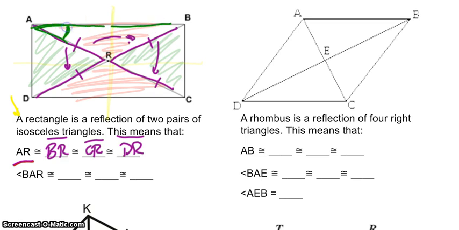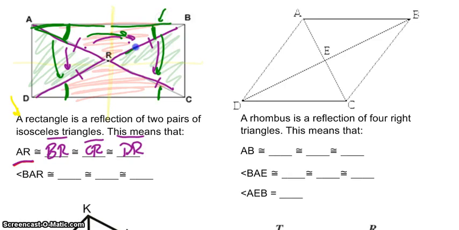Next, angle BAR, so this angle right here, that angle right there, is congruent to, well again, we can reflect this over this vertical line to this angle, or we can reflect them both horizontally to get to these angles. And that makes sense because those triangles we highlighted in red before are isosceles triangles, and the base angles in green should be congruent. So let's name those.